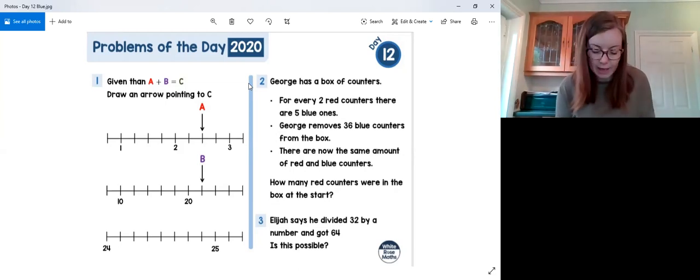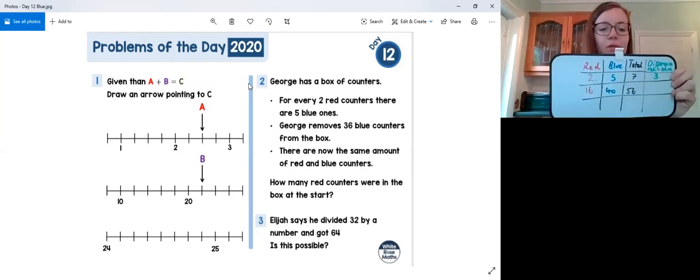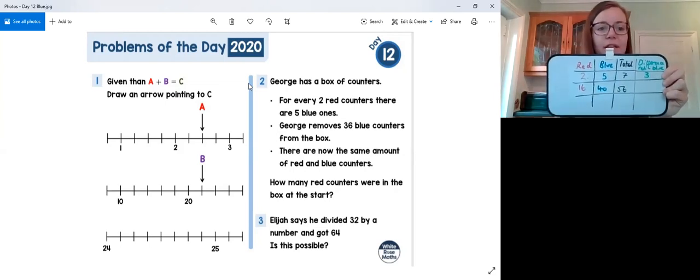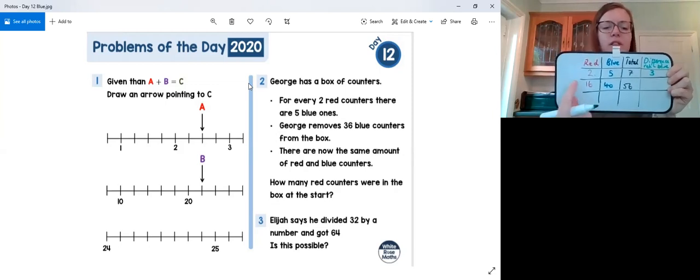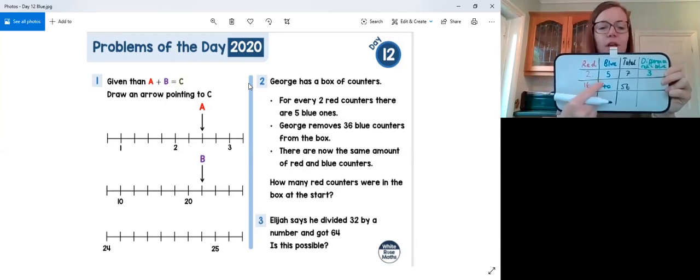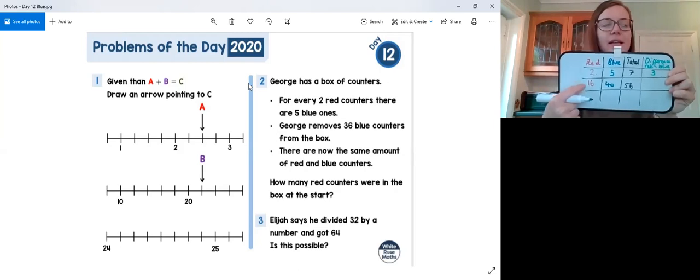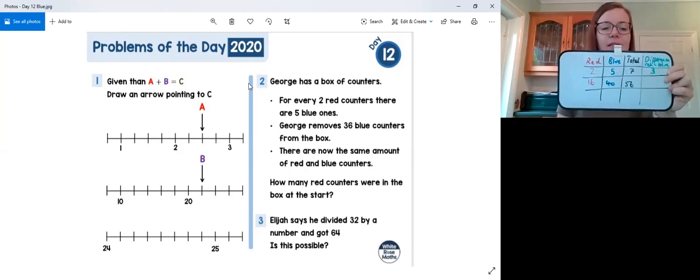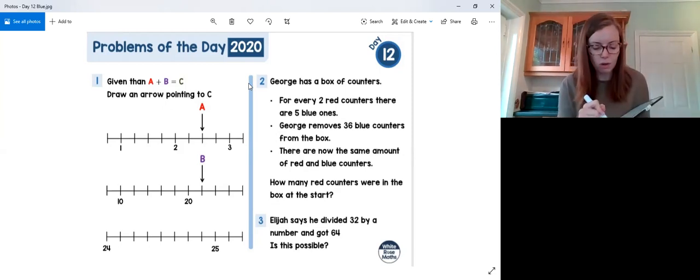It is 3. Now we then timesed everything by 8, didn't we? So we ended up with 16 red, 40 blue and 56 in total. What is the difference between 16 and 40? Well, I'm going to do it in my head using place value this time. So we're going to partition this into 10 and 6. 40 take away 10 is 30, and 30 take away 6 is 24.